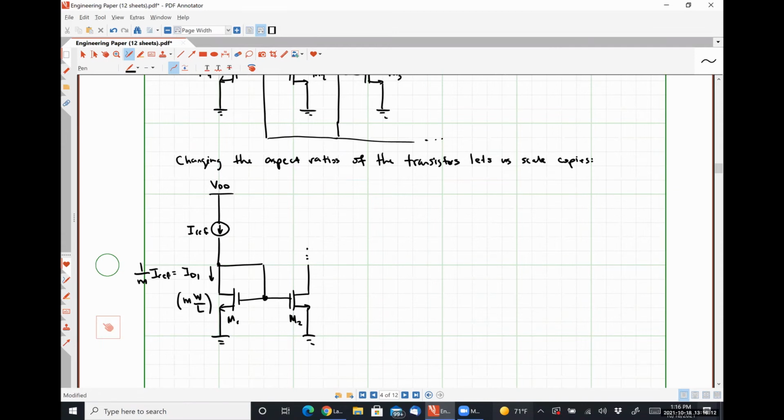Now, if I have N times W over L here on my mirrored side, then what I find is that my drain current ID2 is going to be N divided by M times I reference.